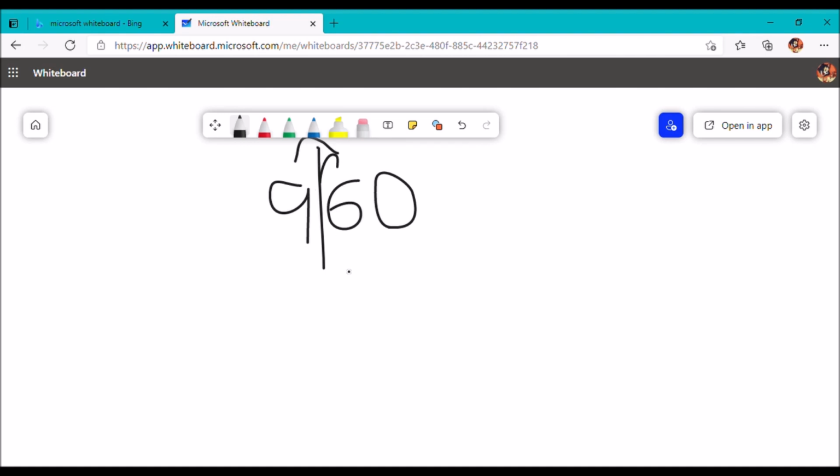So this is more than 5. So we must add 1. So it becomes 10. And as this is not a decimal number, then we must add zeros to the missing places. So then the answer is 1000.